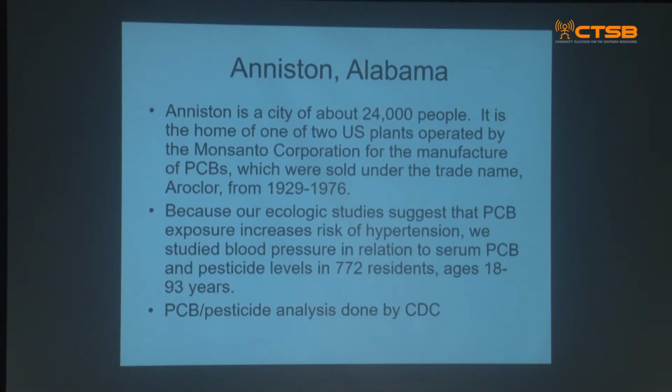And so we had 772 residents, about half African American, half Caucasian, ages 18 to 93. The PCB analyses were done by CDC. We took measurements of blood pressure, which of course we didn't have in those studies on hypertension I just showed you. And we had information about the medications they took, their obesity rates, and all that sort of stuff.